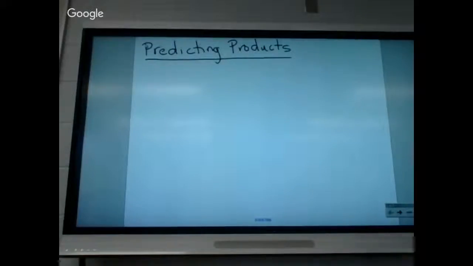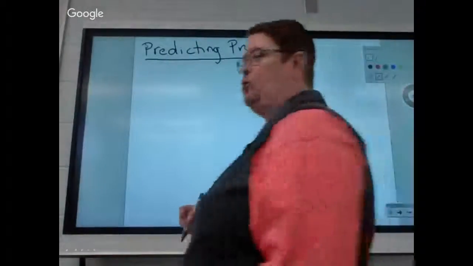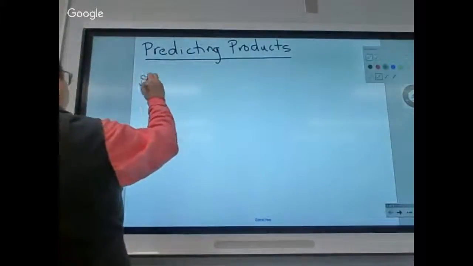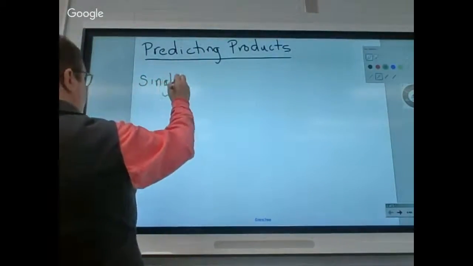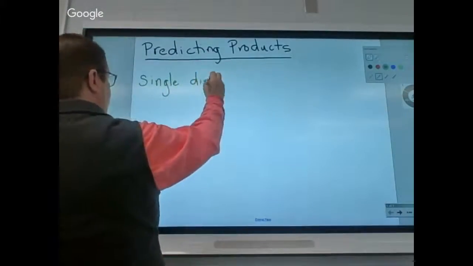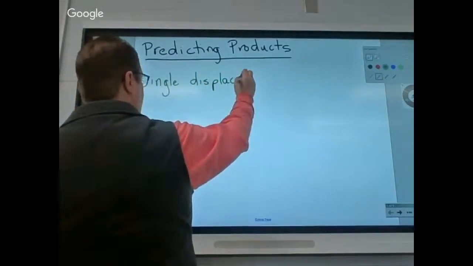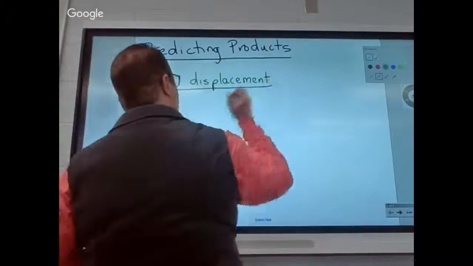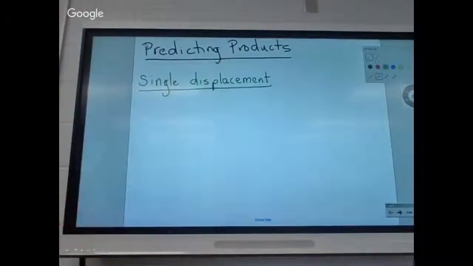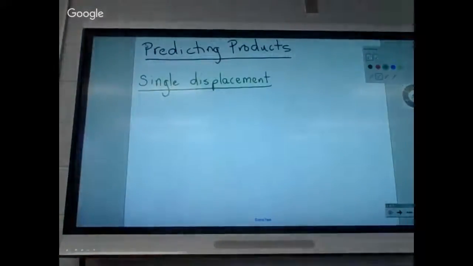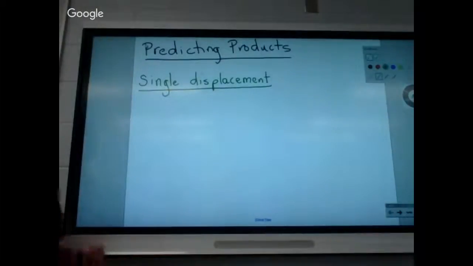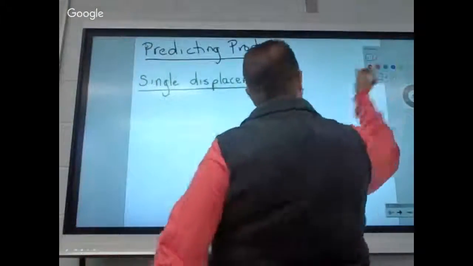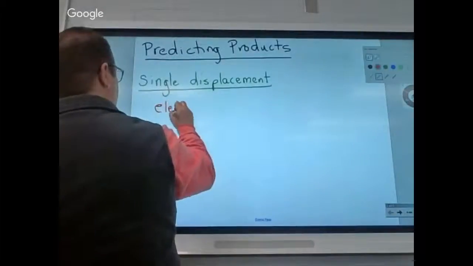All right, so we're going to start with single displacement. Single displacement, we've already said, is an element plus a compound, right?